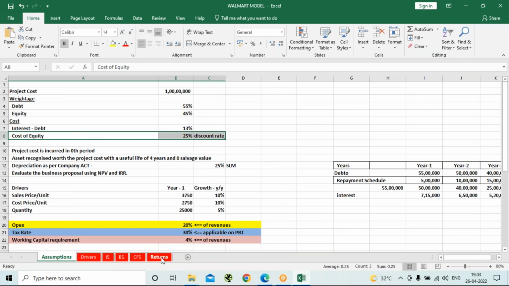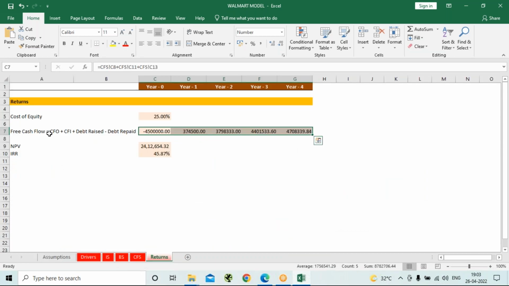And the free cash flow value will be calculated based on the CFO plus CFI value plus debt raised minus debt repaid amount. Okay. So after doing all these calculations, we are going to get the value of 45 lakhs.